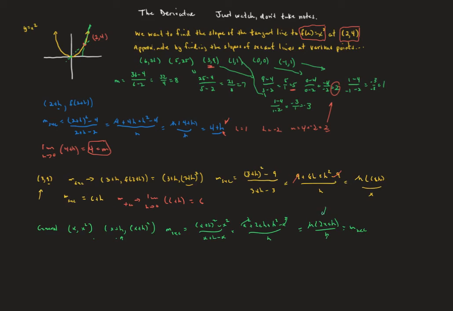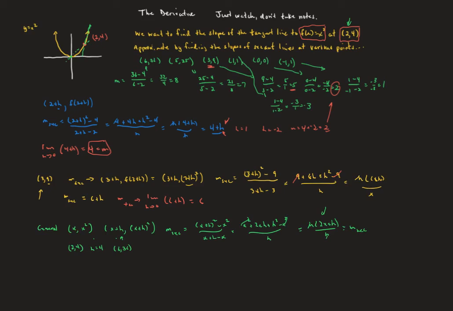So for example, if we chose x to be equal to 2, like we did in that first example, then our point would be 2, 4. And if we chose h to be 4, to move over to 6, that's 4 away from 2. That would give us that second point of 6, 36.